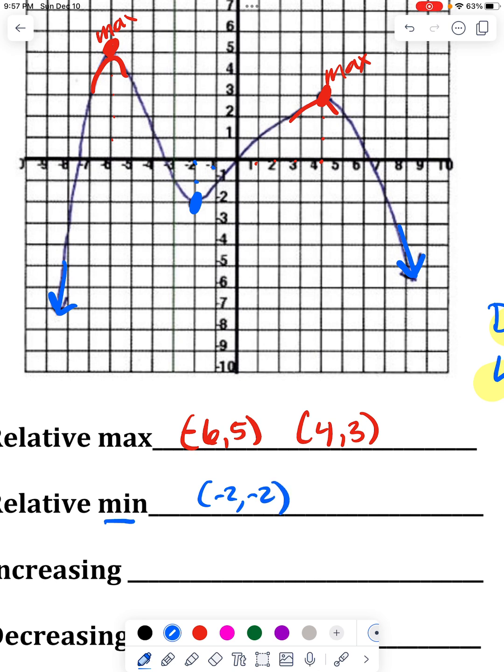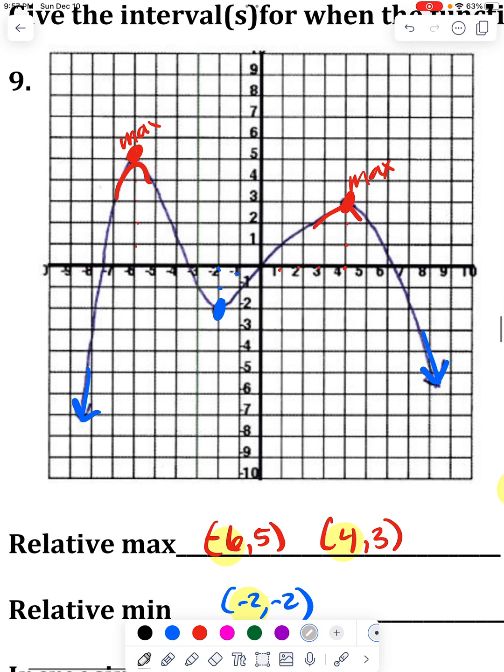Okay, now when I go to do increasing and decreasing, I'm going to be using these three numbers to describe what's happening. Keeping in mind that it will switch at these max and mins. It will switch here and it will switch here. So this area from left to right, the graph is going up. So this is increasing.